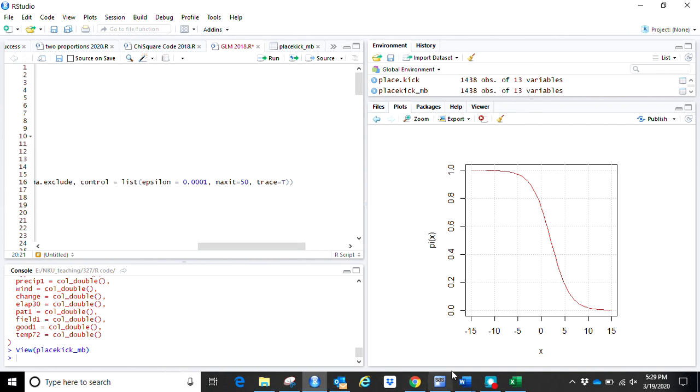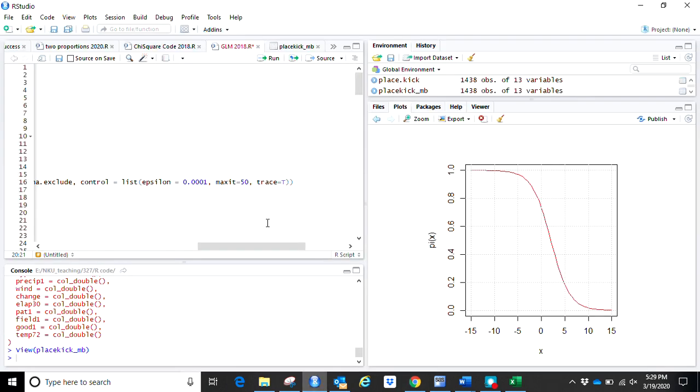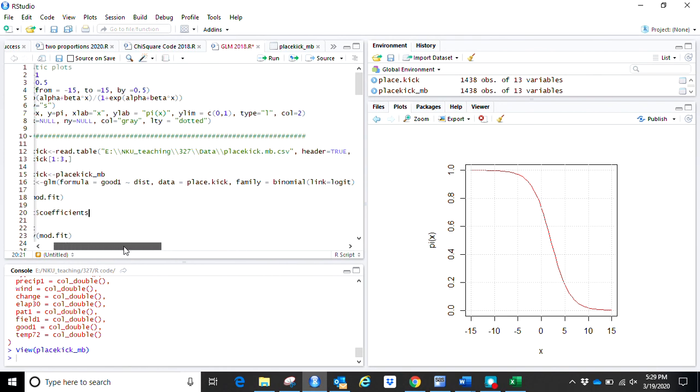Or going back to my picture here, if it's only going to go up by less than 0.0001 as it moves, it's just not going to bother moving, that's the idea of what that's saying. Trace equals TRUE means it's actually going to show me the process of how many iterations were done. The T is going to be the TRUE. I want you to actually show it to me as it's going.